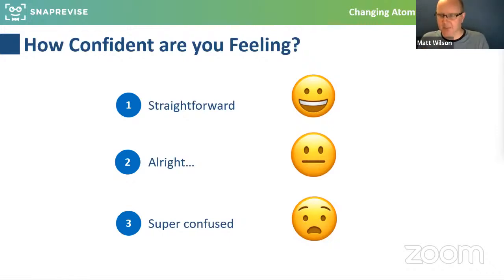That's the early plum pudding model of an atom. Any questions, please pop them in the chat, and feel free to put 1s, 2s and 3s in there, depending on how happy you are at the moment, whether you think things have been straightforward, right, or if you're getting a bit confused.